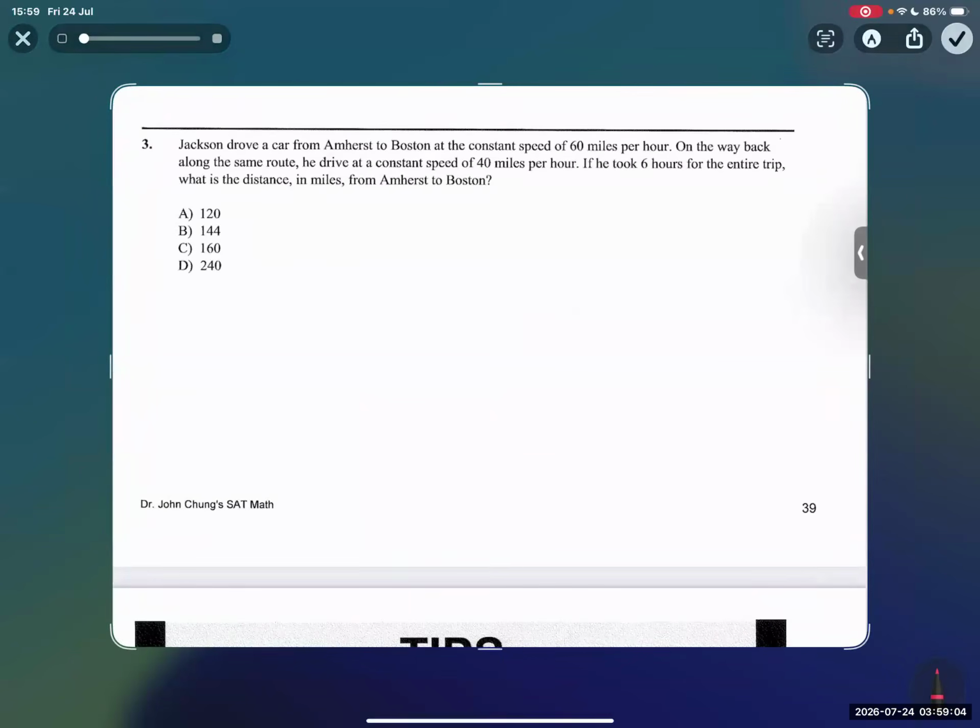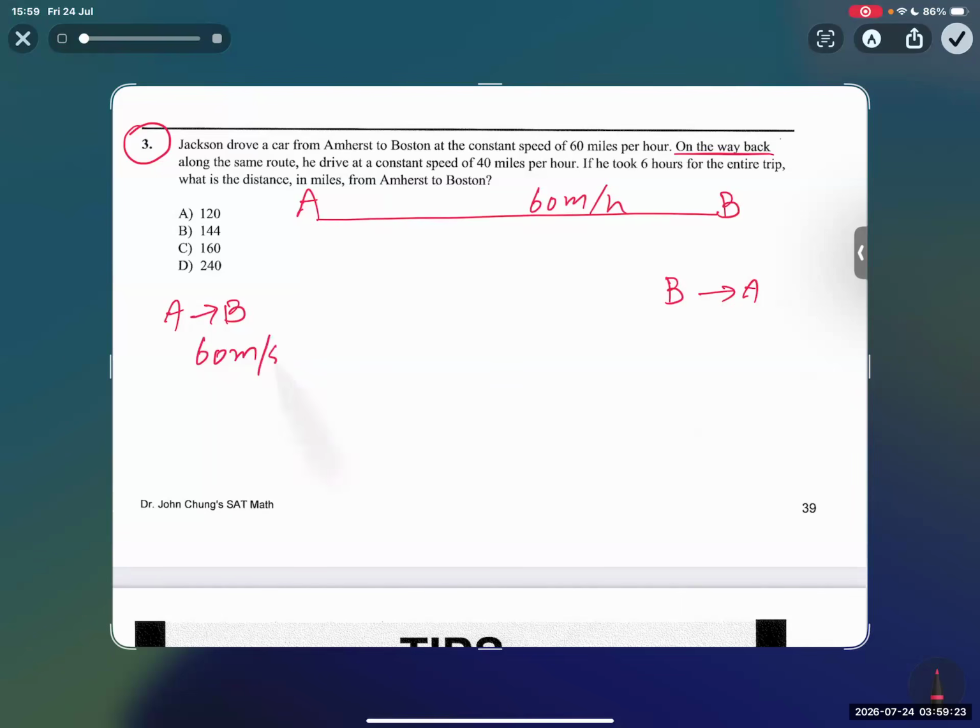Now it says, Jason drove a car from Amherst to Boston at a constant speed of 60 miles per hour. On the way back, okay, let's go from A to B first. That is 60 miles per hour, that would be T1.